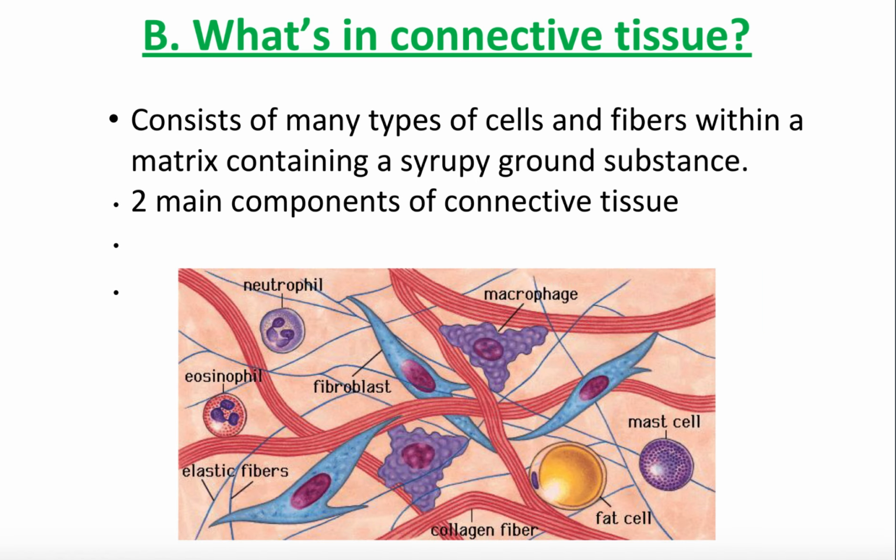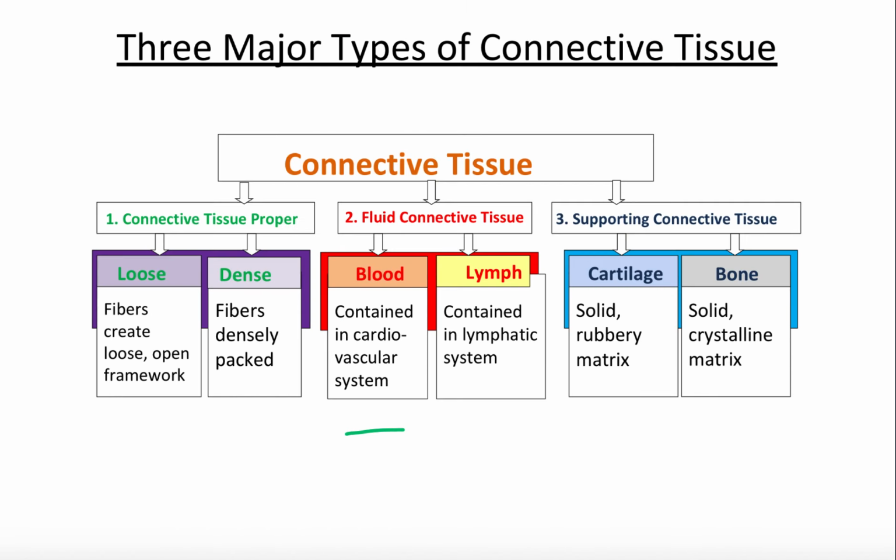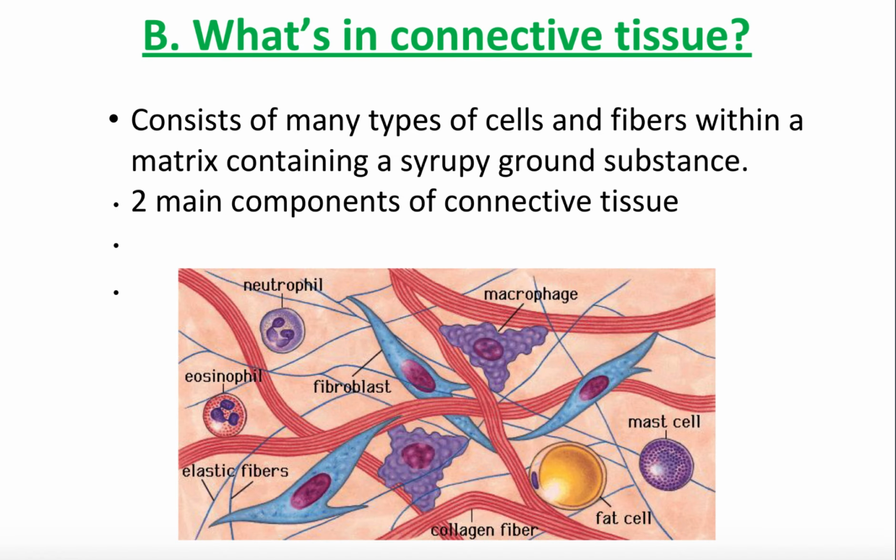So, B, what's in connective tissues? What universally forms the structure of all those tissues: connective tissue proper, fluid connective tissue, and supportive connective tissue? What do they all share in common? Well, the thing that makes a connective tissue is the fact that it consists of cells and a matrix. And that matrix has ground substance and fibers.